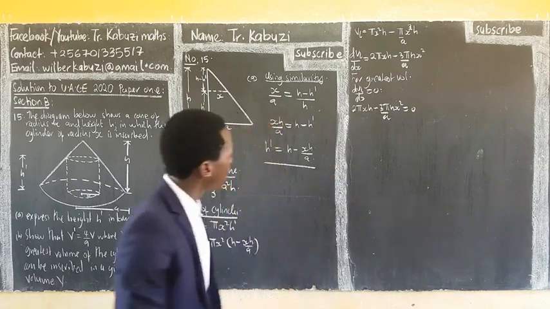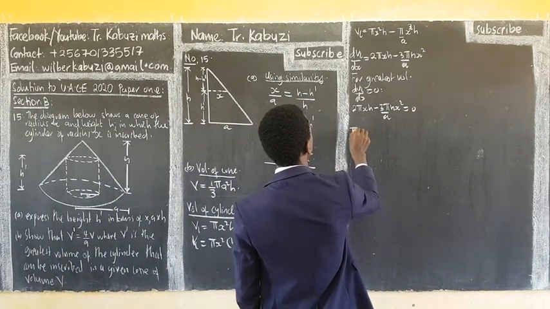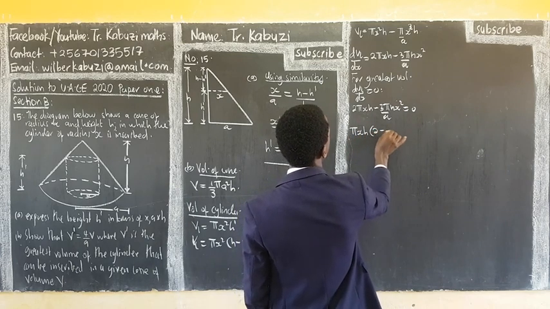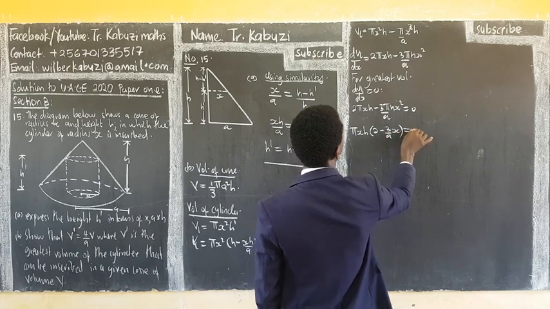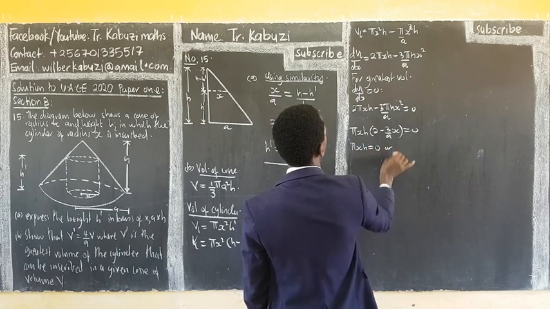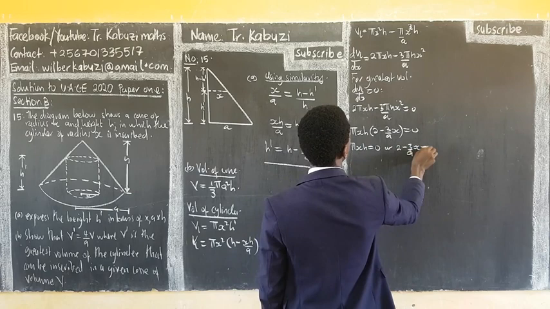What is common is pi h x. Here I'm left with 2, then minus 3x over a, equal to 0. So either pi x h is 0 or 2 minus 3x over a is 0.